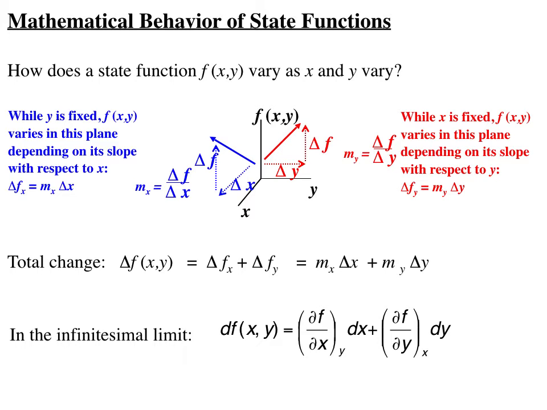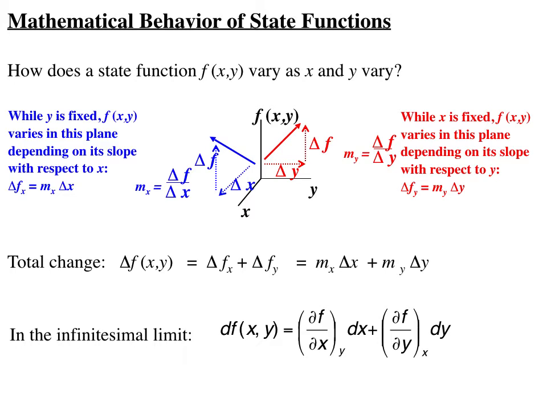Then an increment of change of f in that plane is the slope of the function times the increment of change of y. Remember, the slope in that plane is delta f over delta y. So if I want to know delta f in that plane, I will take delta f over delta y times delta y. Now I want to know how the function f changes as x changes.